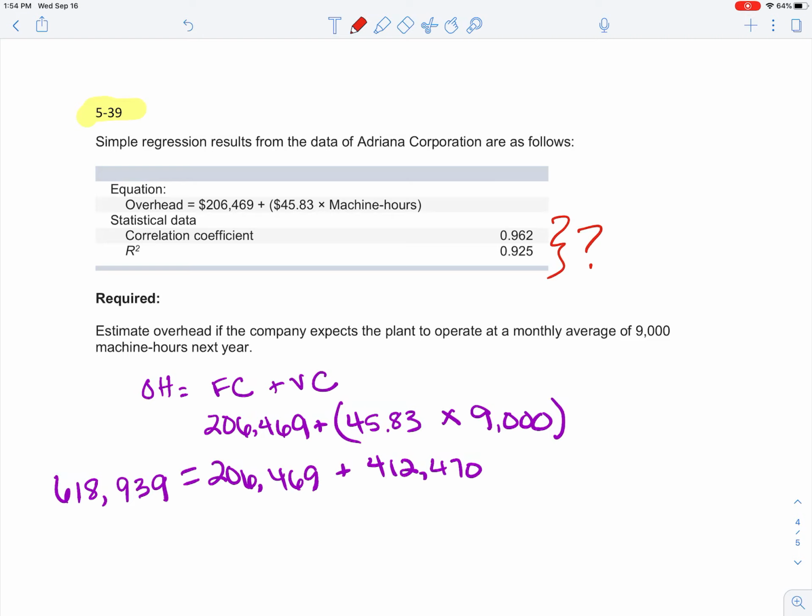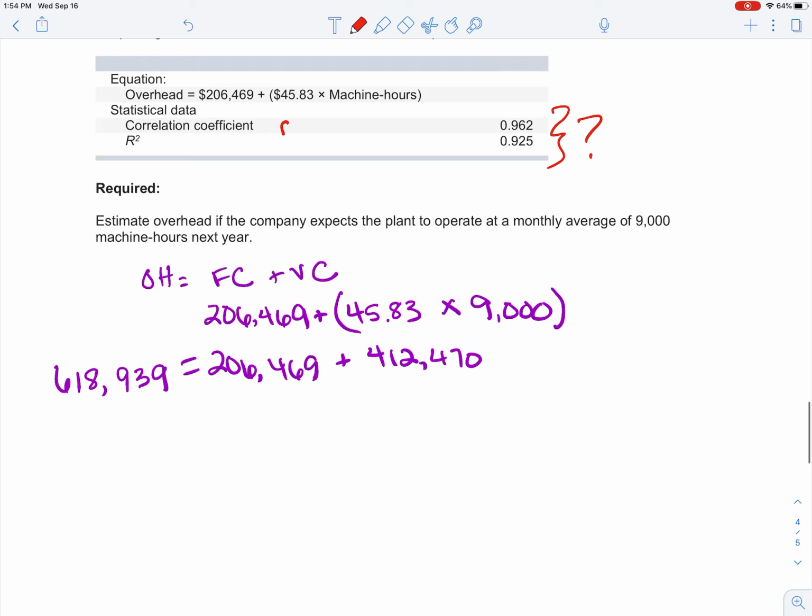So this correlation coefficient is your R, right? And R tells you how close your data points are to a line.